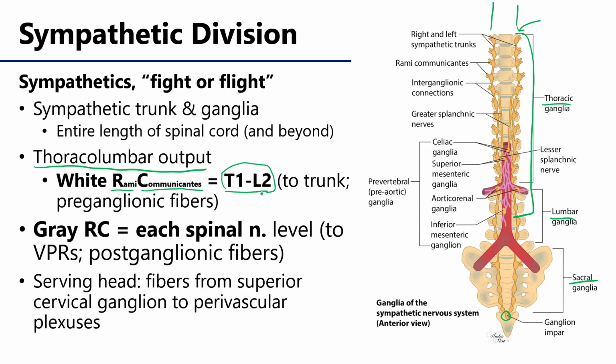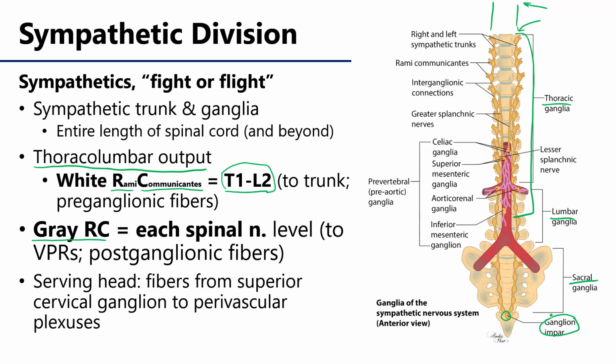Now, at every spinal nerve level, there will be postganglionic fibers returning back to that spinal nerve from the trunk via gray rami communicantes. So from the superior cervical ganglion at the superiormost part of the sympathetic trunks to the ganglion impar at the inferiormost part of the sympathetic trunk, we have postganglionic fibers returning to each spinal nerve.